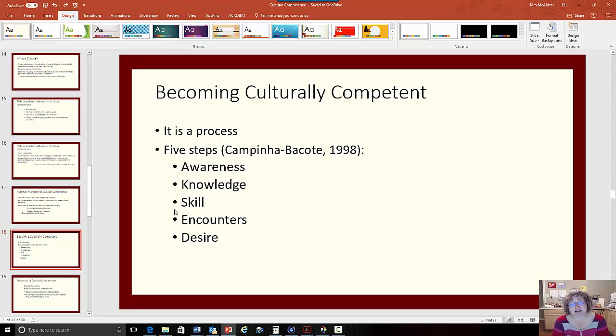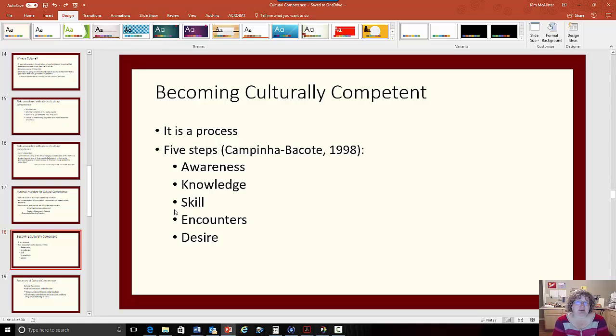So there is a process on becoming culturally competent. Madeline Leininger and also Ms. Kempfina Bote have made very similar in some ways and kind of some unique cultural competent theories that are really fascinating to study.